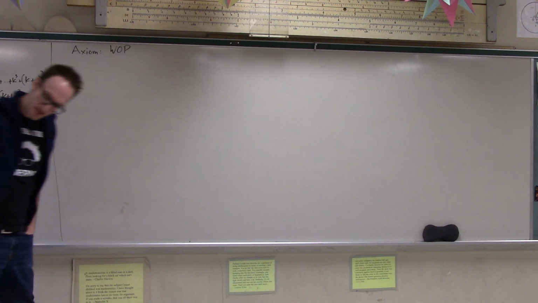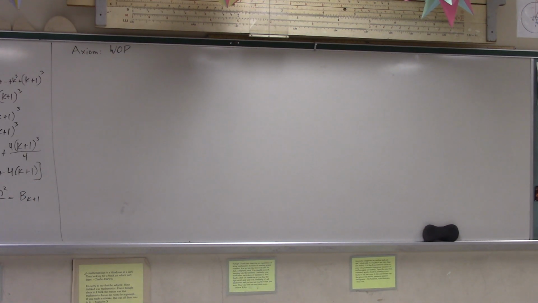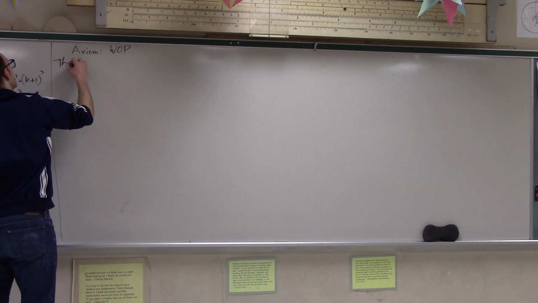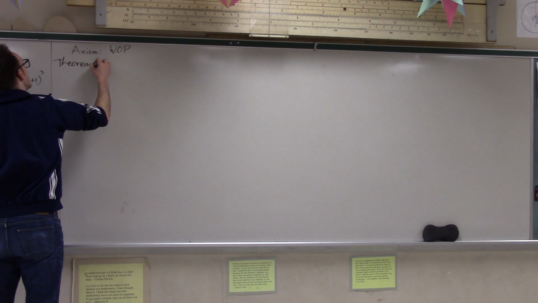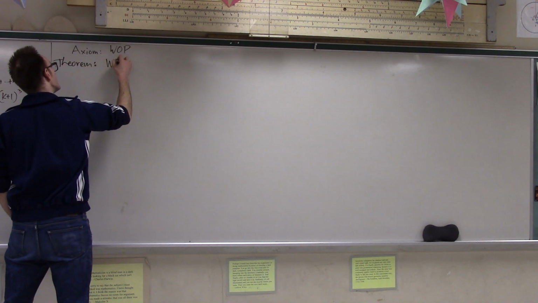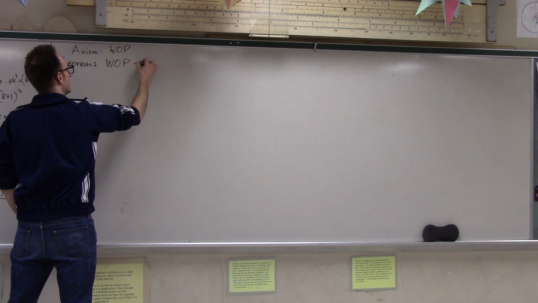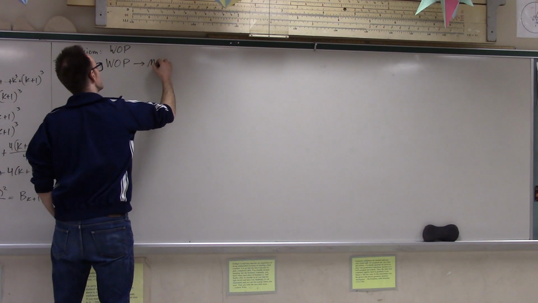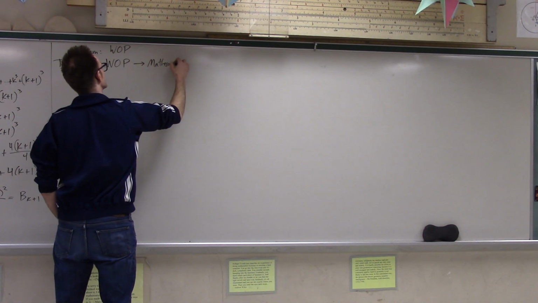And in fact, you can prove that this thing, which our book calls mathematical induction, is just a consequence of the WOP. Okay, so theorem. Our theorem is that the well-ordering principle implies this thing I just proved, mathematical induction.